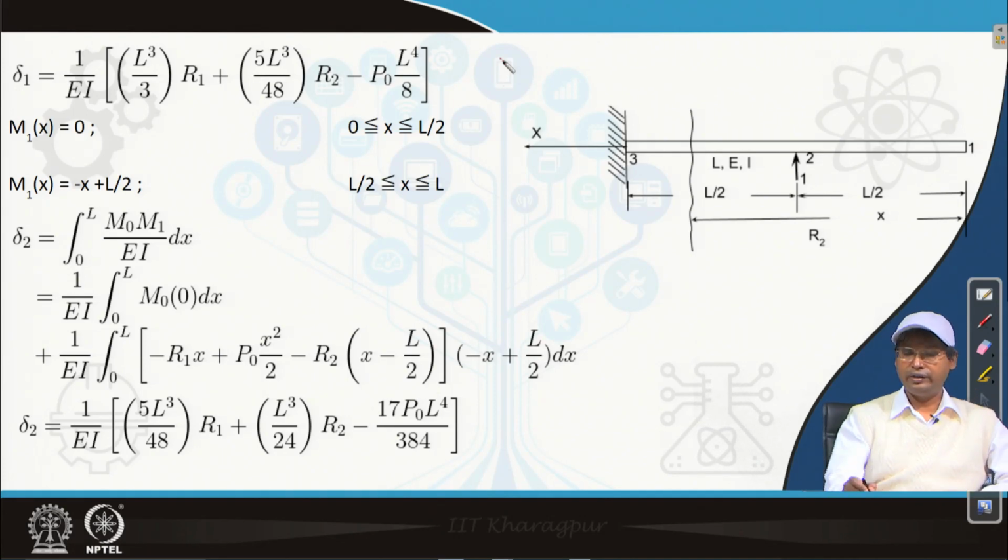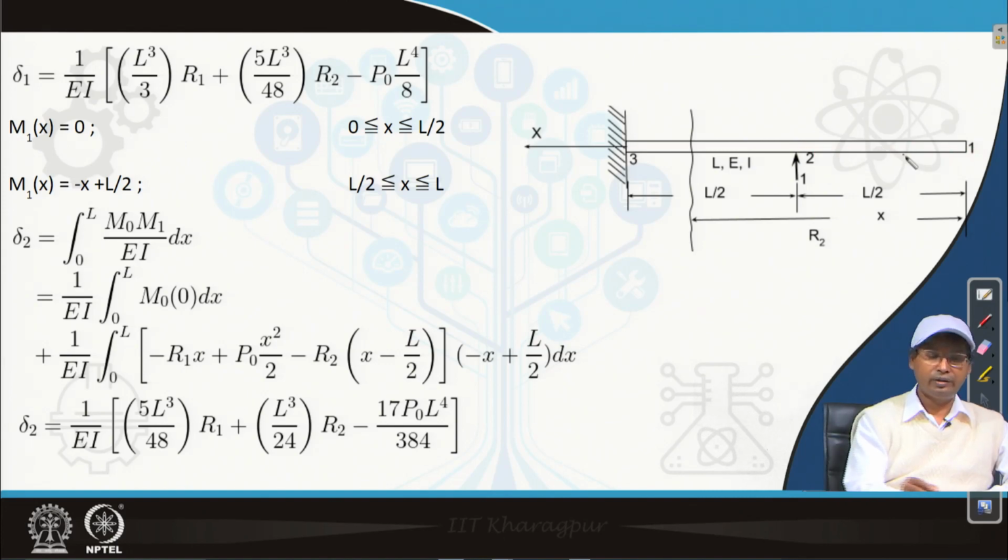So, for that, this is the second figure. Here all other loads are removed, only unit load is applied at position 2, and for that there is no moment, that is equal to 0, and m 1 x is equal to minus x plus L by 2.